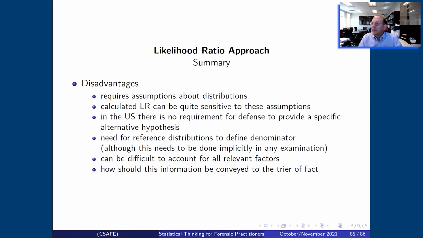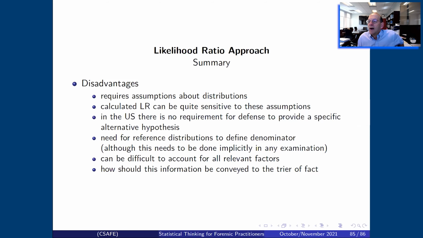But I am not naive about this. There are disadvantages to the likelihood ratio. It requires these assumptions be made about the distribution of the evidence. As I said, if we're explicit about that, we can work around it, but those assumptions are troubling because, as we saw, the likelihood ratio can be sensitive.